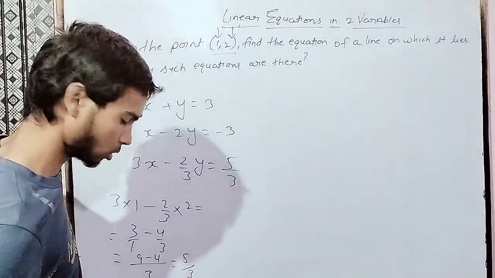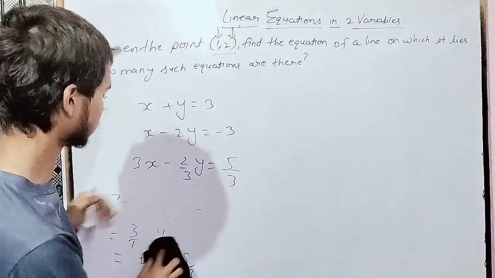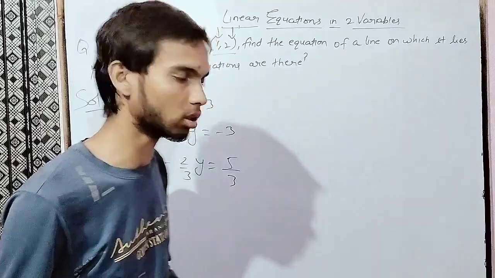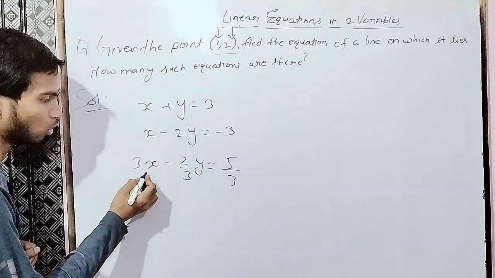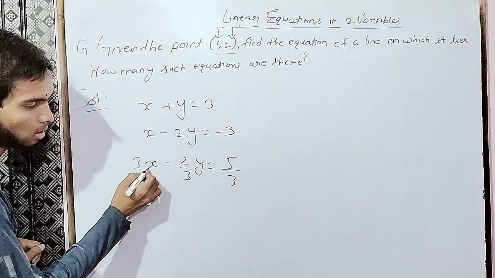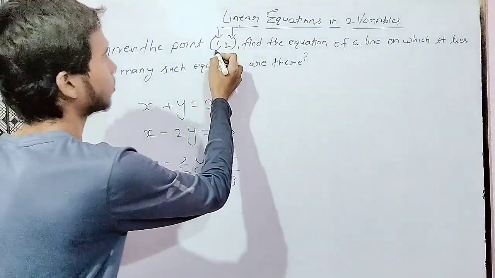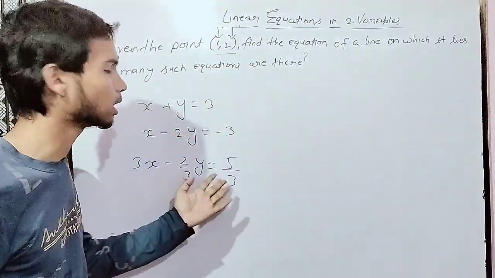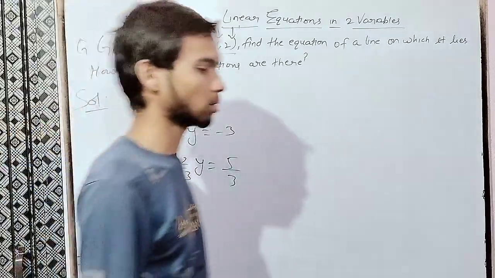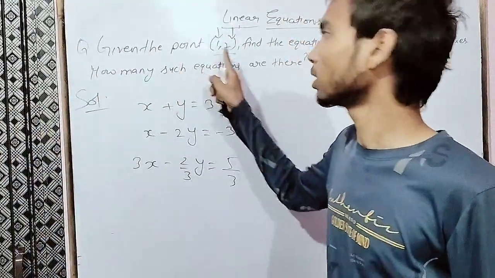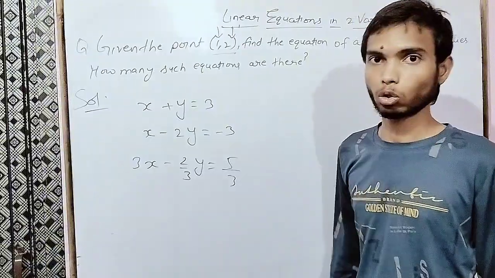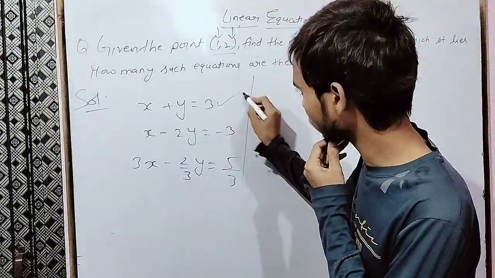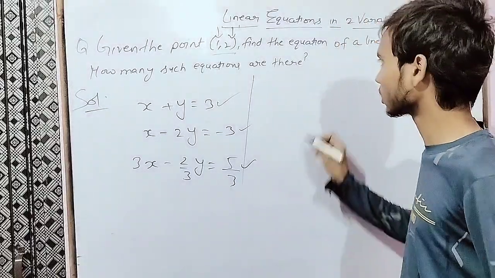So on the RHS side, you will have to carefully check that when we put 1 in place of x and 2 in place of y, what will be the number in RHS? So we have seen 1, 2, 3, something else.